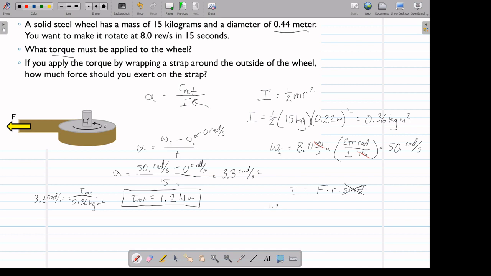So 1.2 newton meters is equal to the force multiplied by the radius of the wheel, 0.22 meters. Divide both sides by 0.22 meters, and we find that the applied force must be equal to 5.5 newtons.